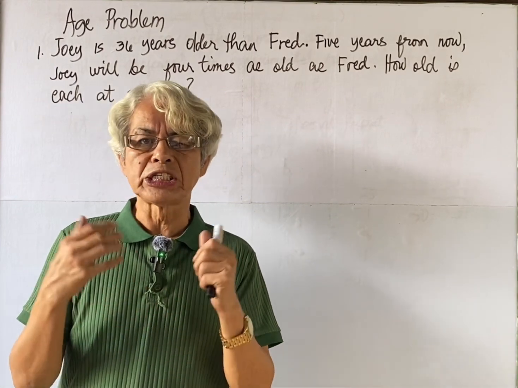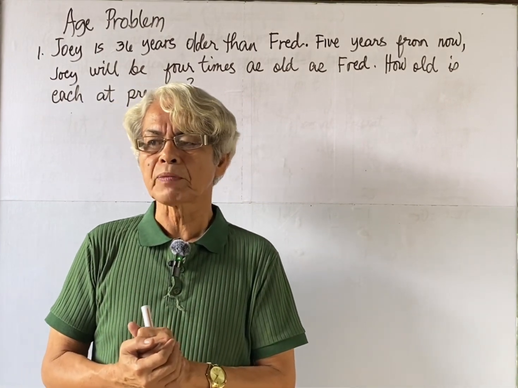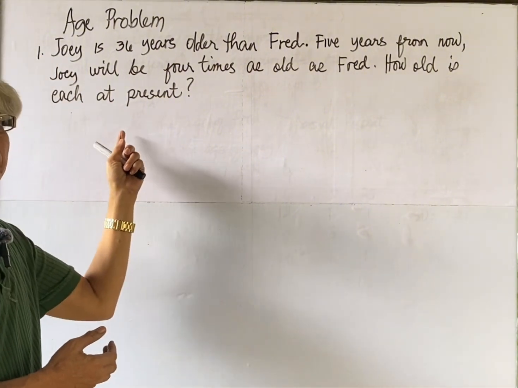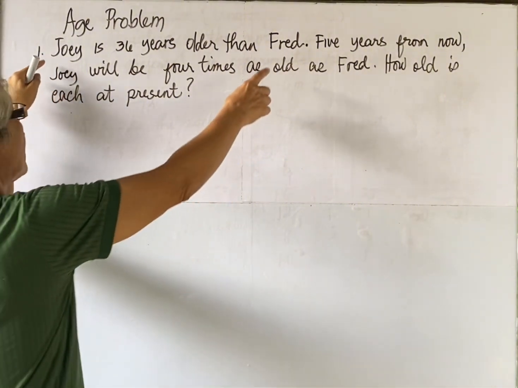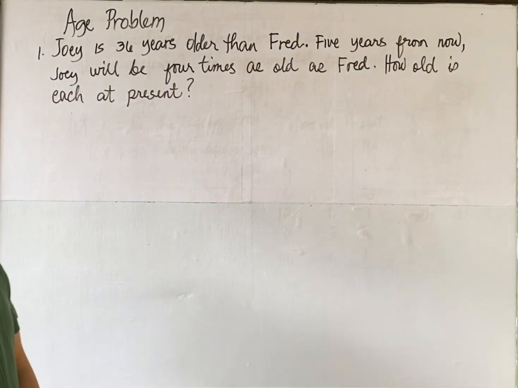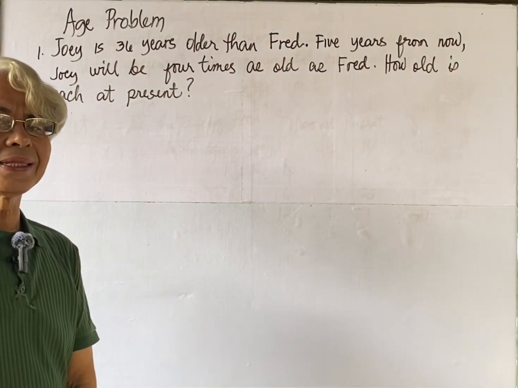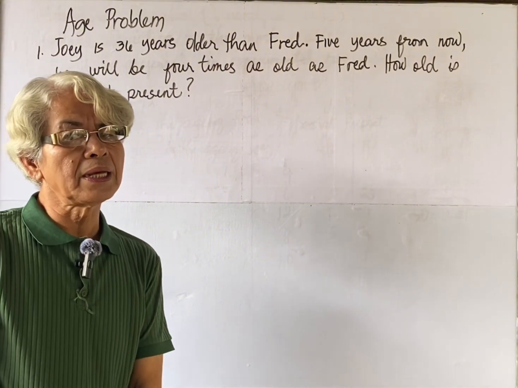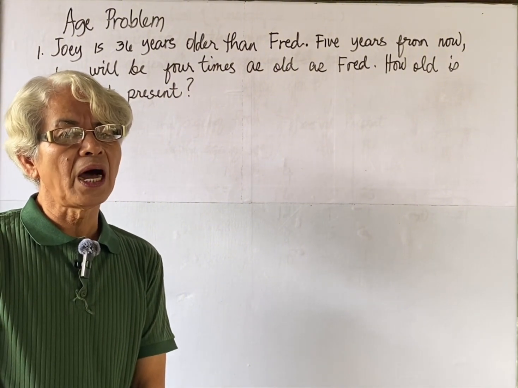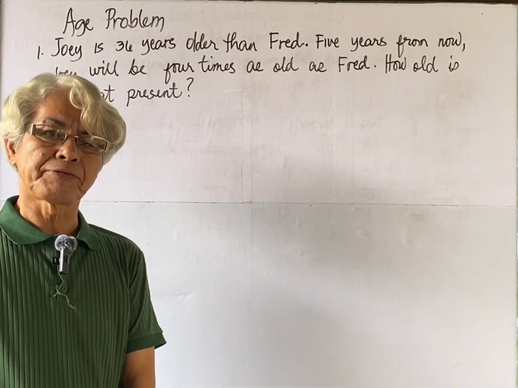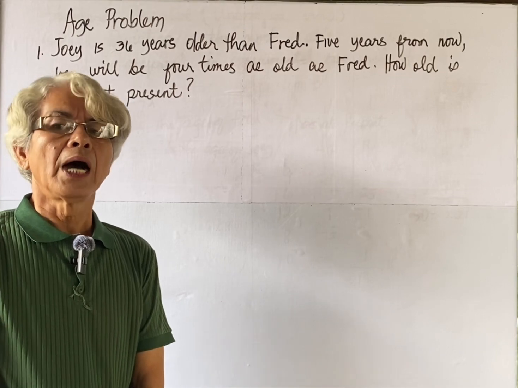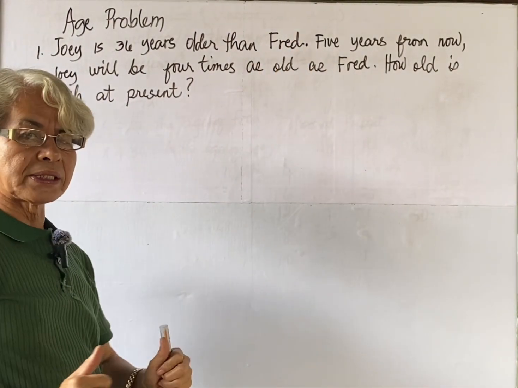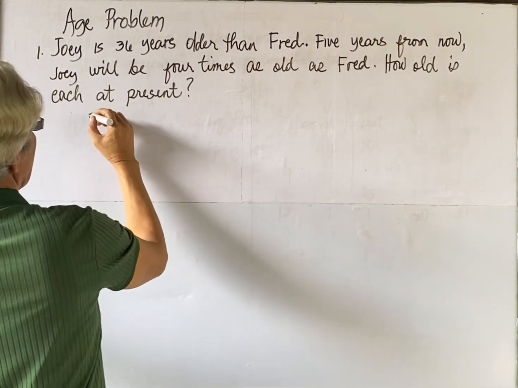expression or algebraic equation. So in our example, in the first sentence, Joey is 36 years older than Fred. My first question is, who is the youngest? Yes, it is Fred. This is their age now, at present.